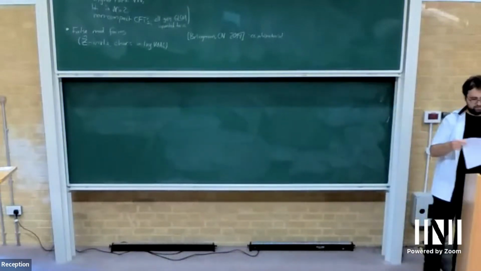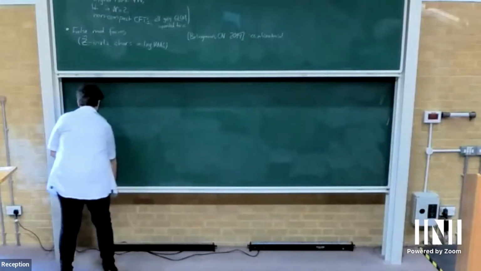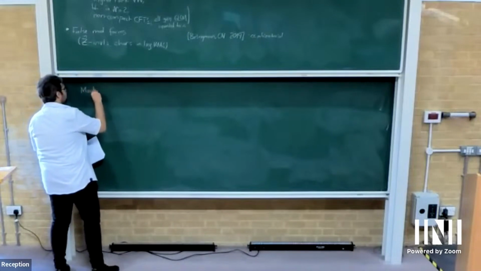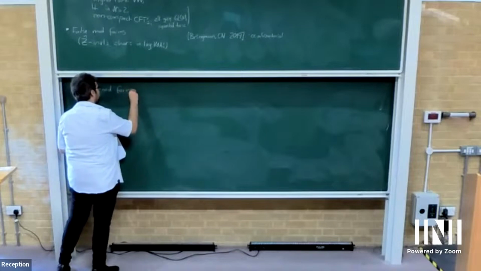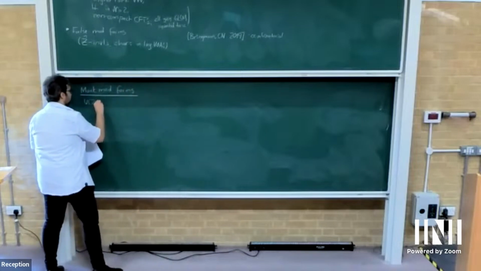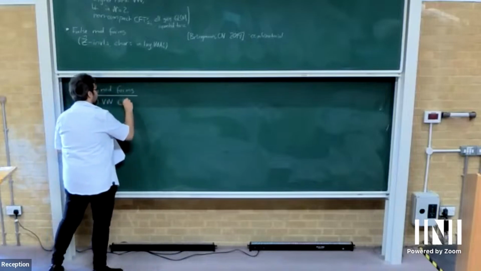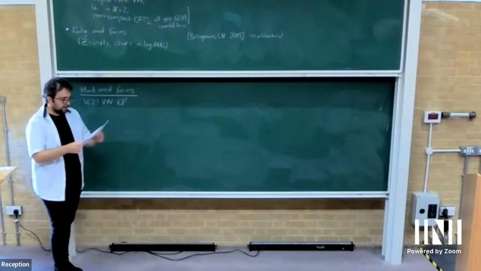Let me go for that story, not an example, the general story. And let me consider for that the partition function of this. So this is the content of the Ramanujan paper I mentioned earlier.